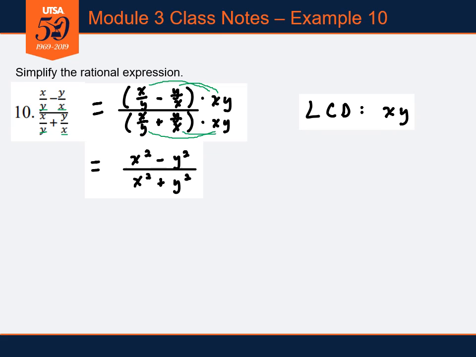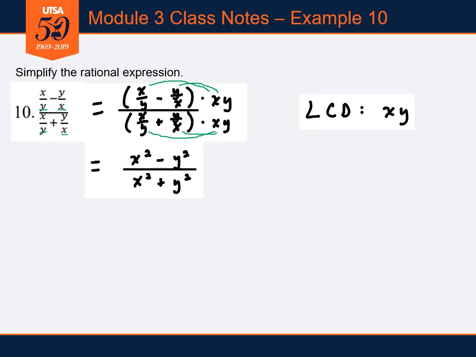And finally here we cancel the x and y times y is y squared. So once again, in one step, identifying the LCD and then just multiplying everything top and bottom, keeping things balanced, multiplying everything by that LCD wipes out all of the smaller fractions within the larger fraction.